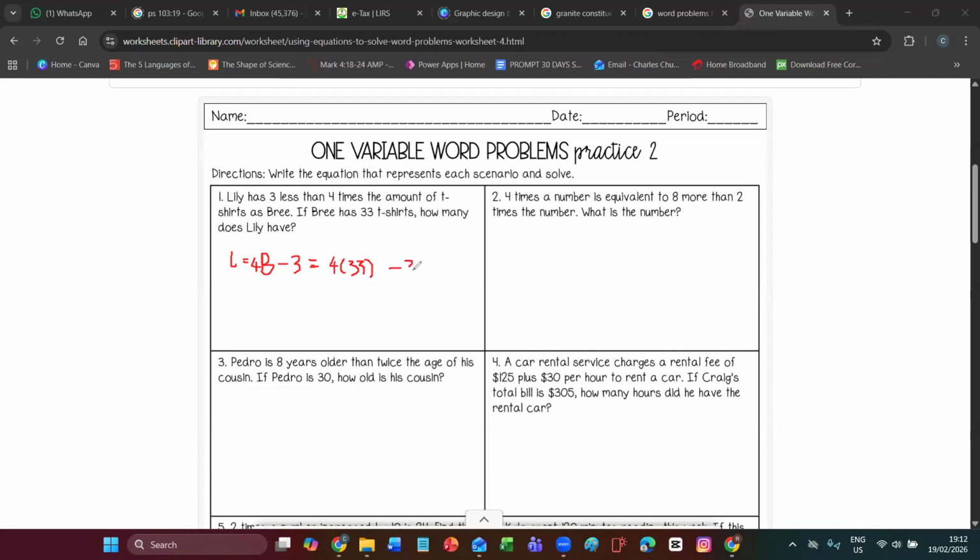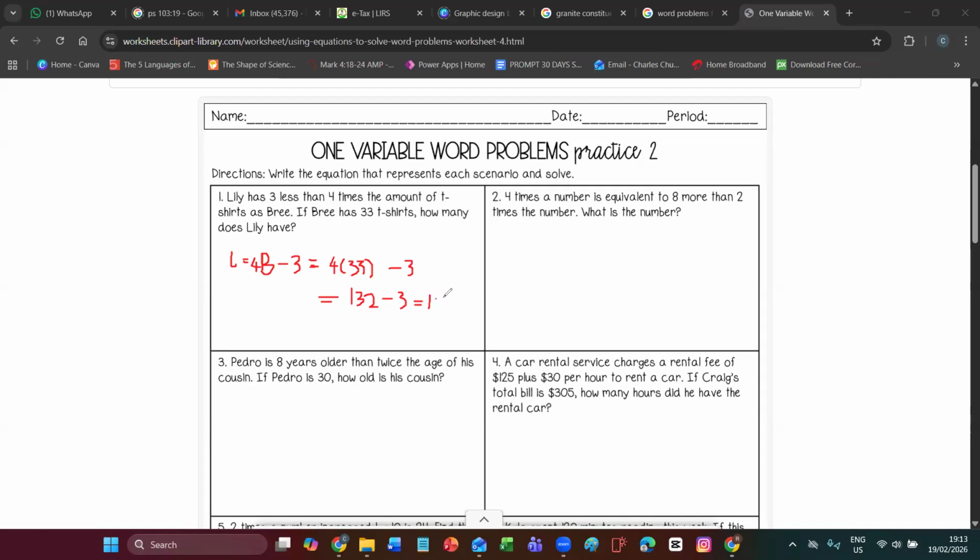And multiplication has higher precedence. So we'll have 4 times 3 is 12. 12 plus 1 is 13. So that's 2 carry 1. So we'll have 132. 132 minus 3 would be 129.